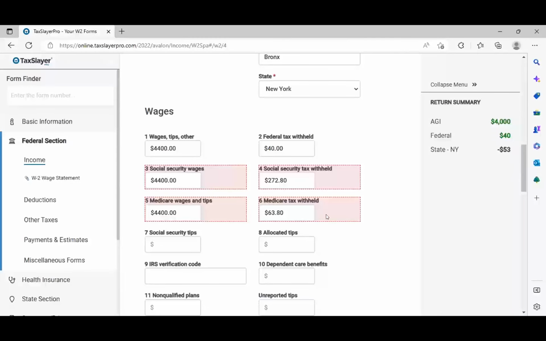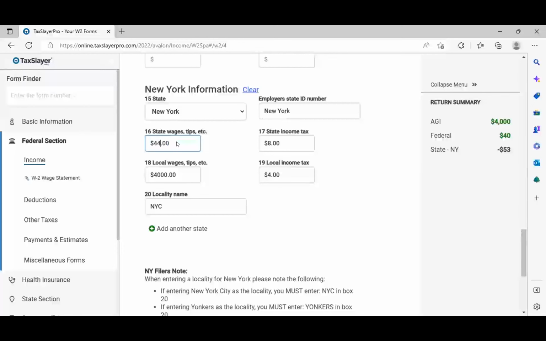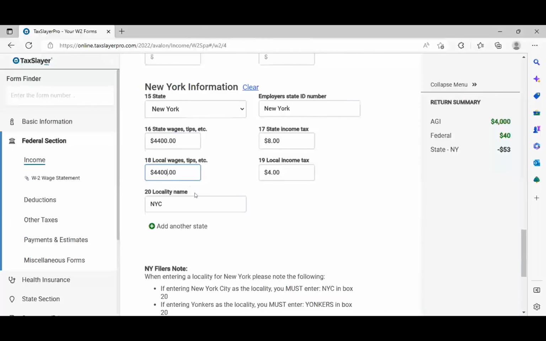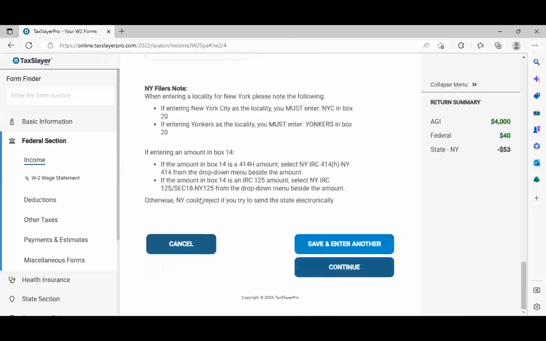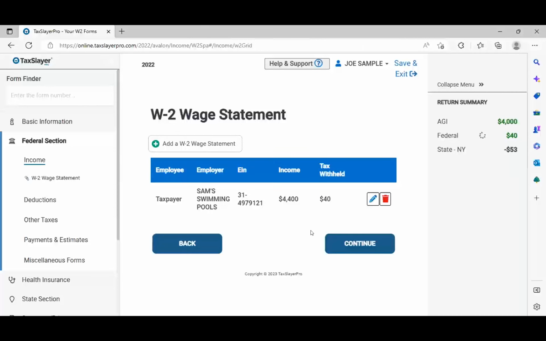Okay. And I'm changing the amount of the W-2 to 4,400. Continue. Look, so what happens, guys? It did change, right?